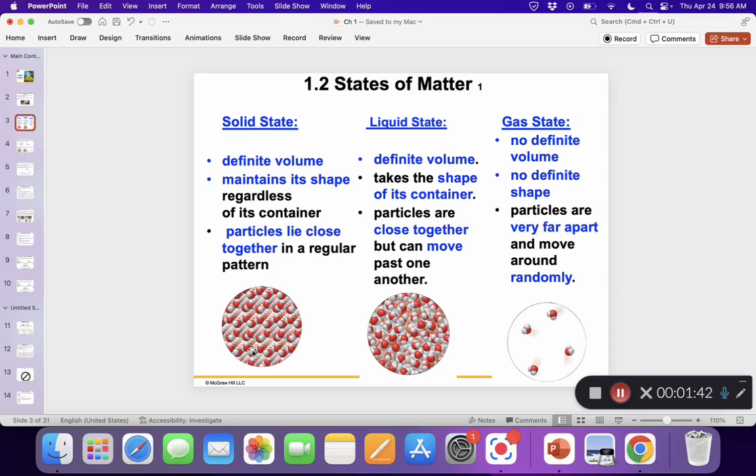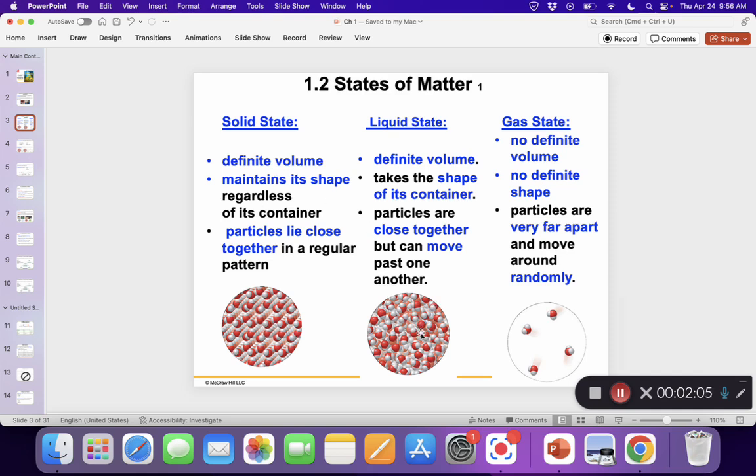In the solid state, we see the particles lie very close to each other. There is no freedom of motion. That's why a solid will always maintain its shape and it has a definite volume.